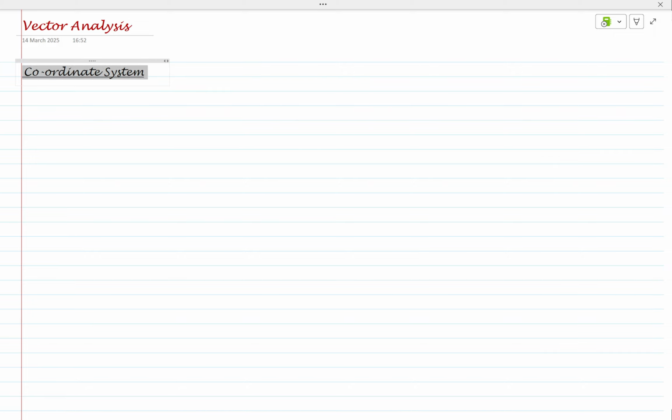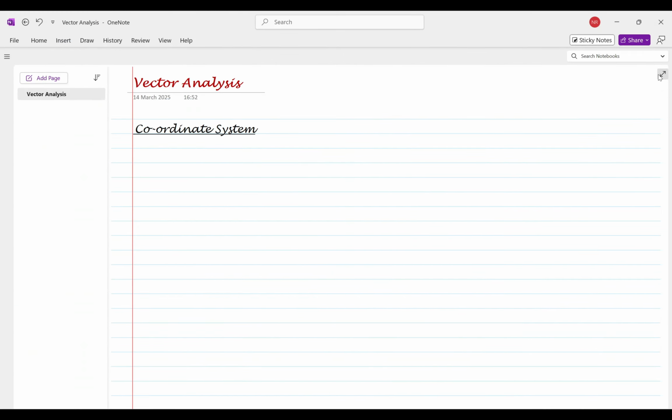So this is the coordinate system. See, what is a coordinate system? Let us first discuss it. What is a coordinate system? For that, let us consider a three-dimensional plane.